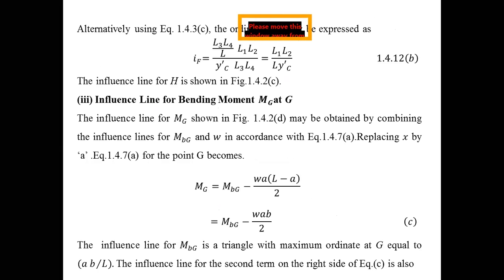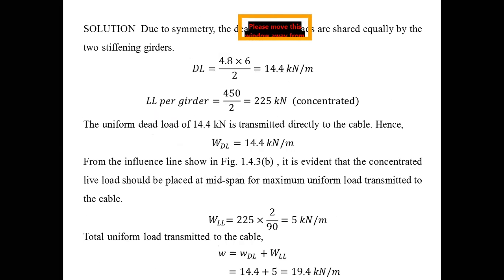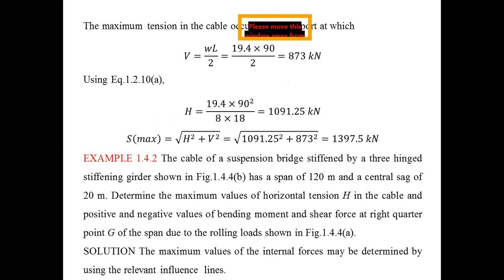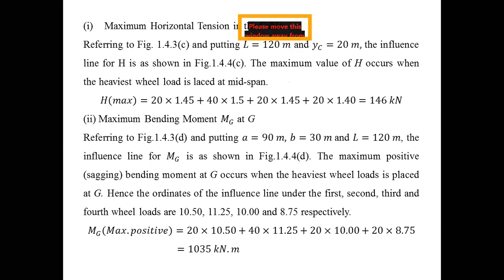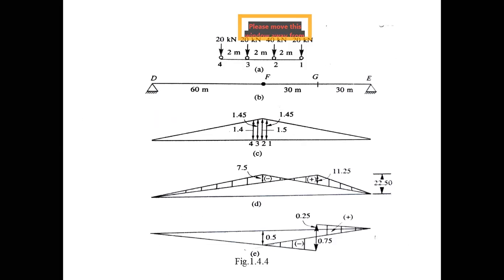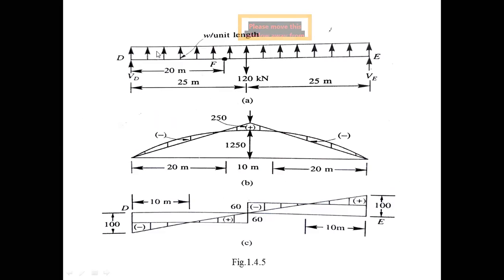You should keep all this in mind. What is this W? The upward dead load of the girder, like this. So figure A is given.